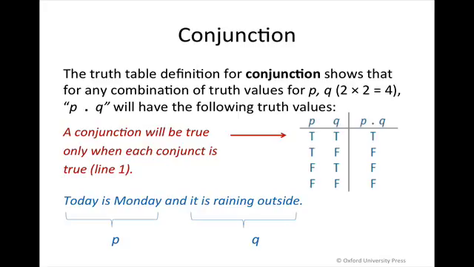On the other hand, for the remainder of our connectives, we have four-row truth tables. So we define negation by way of a two-row truth table. We define conjunction, disjunction, the conditional, and the biconditional as a four-row truth table.